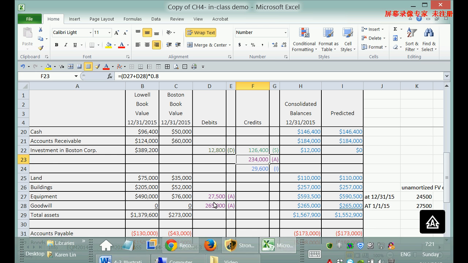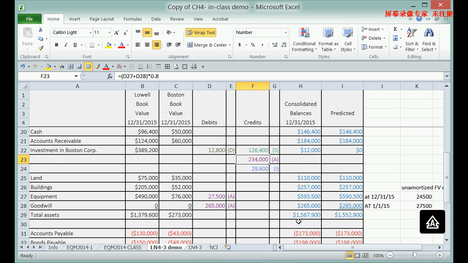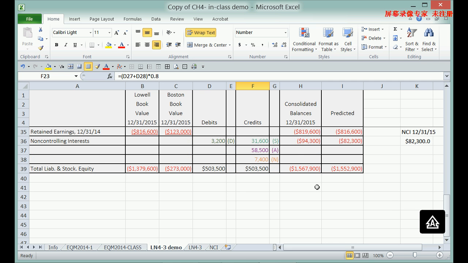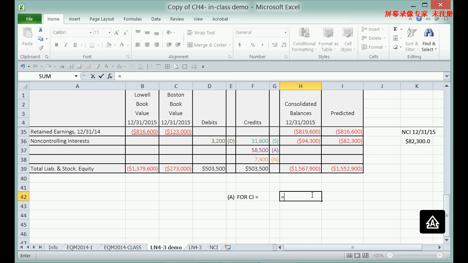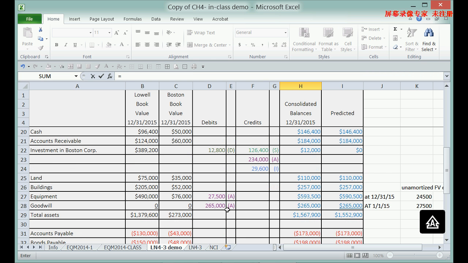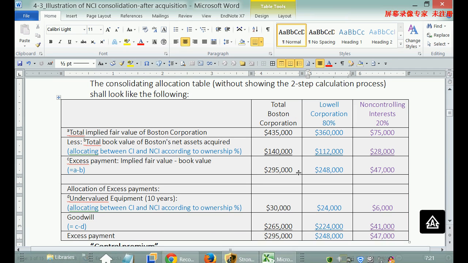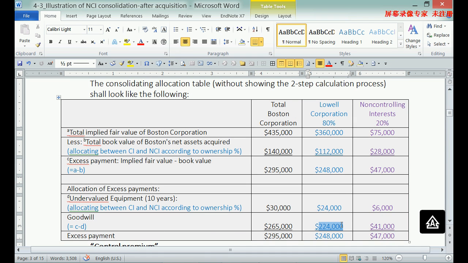So I go back to revise my answer. I want to make sure my A entry is correct. So my A for CI equals the equipment multiplied by 80%, plus the goodwill allocated in this allocation table, that's 224.